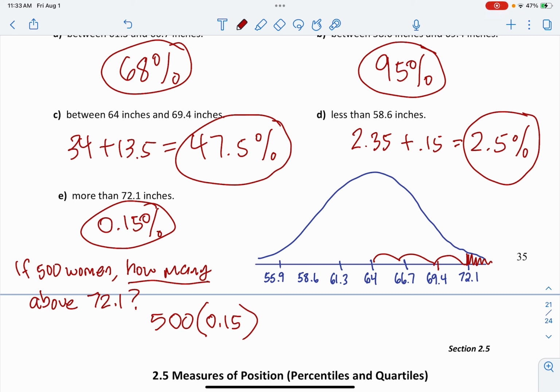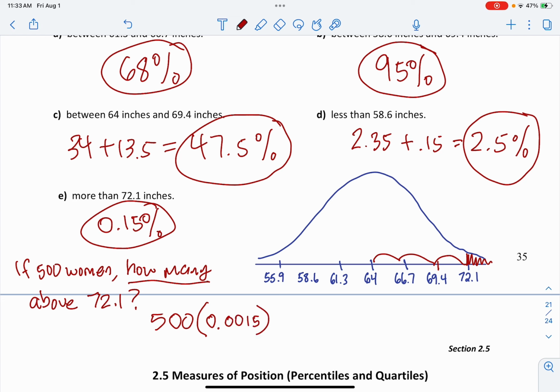Oh, but sorry, I've got to convert that to a decimal before I multiply. So actually, that would be move the decimal 2 places, 0.0015. Sneaky.